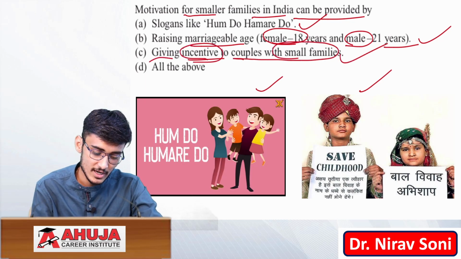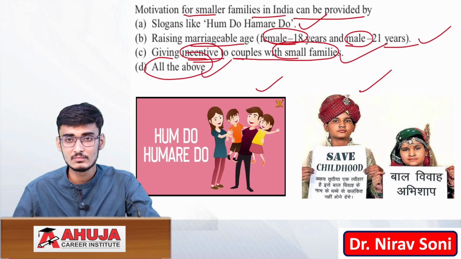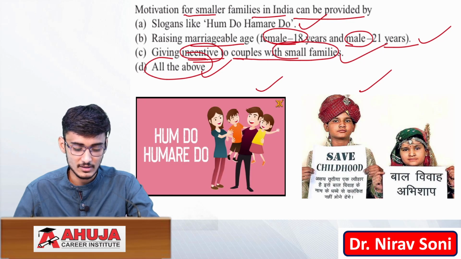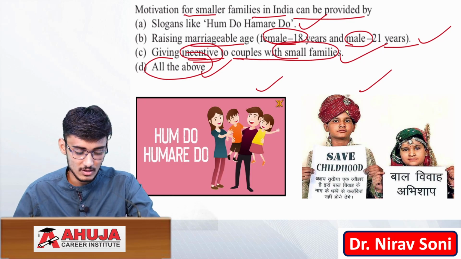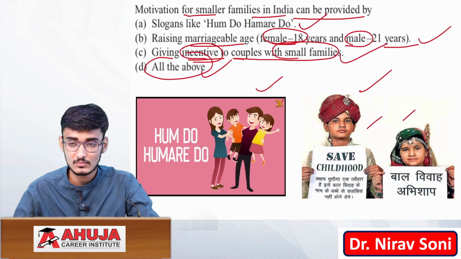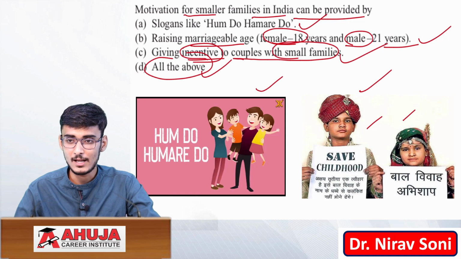The option D should be right over here, all of the above. Motivation for small families in India can be provided by the slogan हम दो हमारे दो, raising the marriageable age to female 18 years and male 21 years respectively, and giving incentives to couples with small families. So all are correct options. You can see the figure. Save childhood, बाल विवाह अभिशाप.